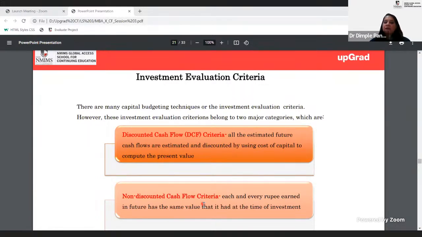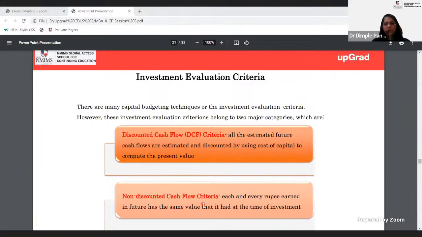Right? And discounted is your net present value, your profitability index. All these are discounted cash flow criteria. So understanding the time value of money discussion that we had over the last 2 days, what do you think? Would you prefer, as a corporate finance manager, discounted methods or non-discounted methods?